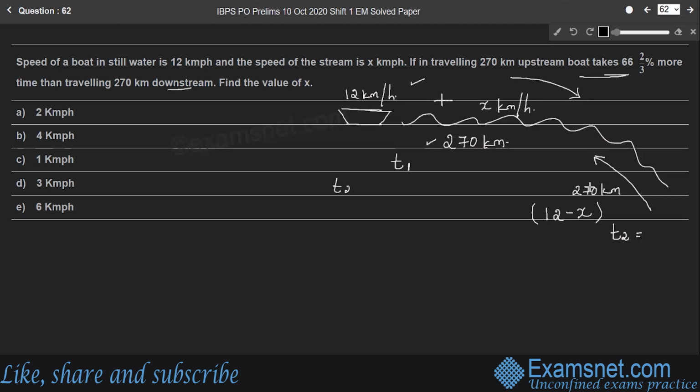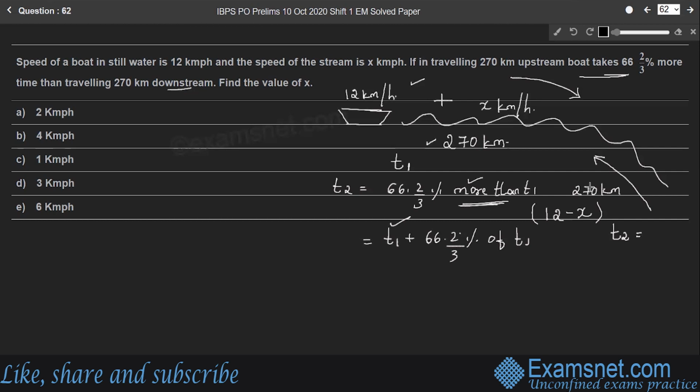So that means T2 is 66 and 2 by 3% more than T1. Whenever there is the term more than, we have to add 66 and 2 by 3% of T1 to T1 itself. That is the meaning of 66 and 2 by 3% more than T1.